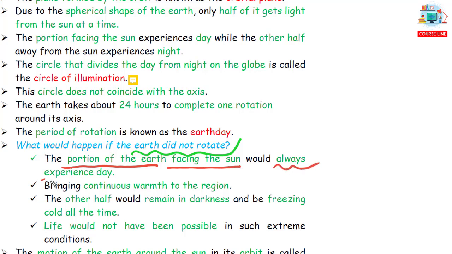Always experience day means the hemisphere of the earth that is receiving sunlight will always have daytime. Due to this, that portion will receive continuous warmth. This will warm the region continuously.